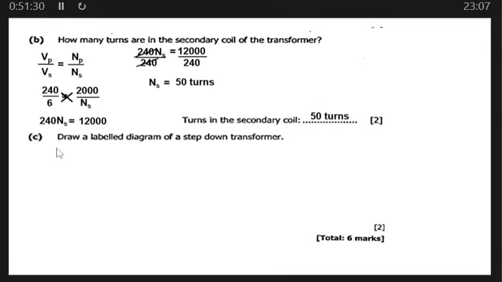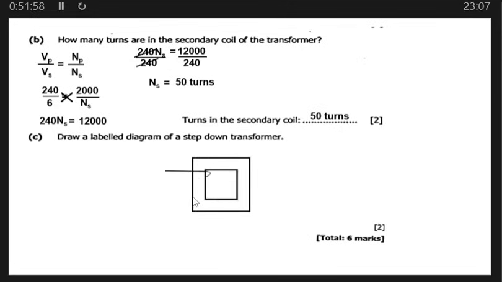So C says draw a labeled diagram of a step down transformer. So this transformer here, we have already been given a clue that it is the step down transformer, because the number of turns in the secondary coil are less than the number of turns in the primary coil. So let's draw the transformer. So we'll begin with this diagram here.